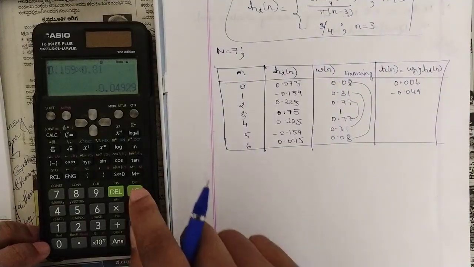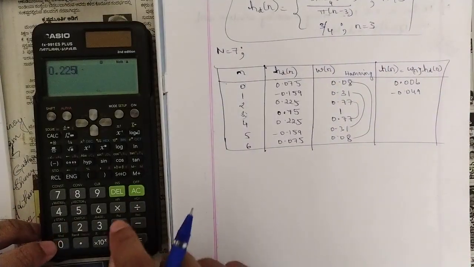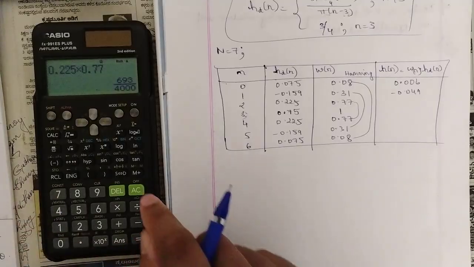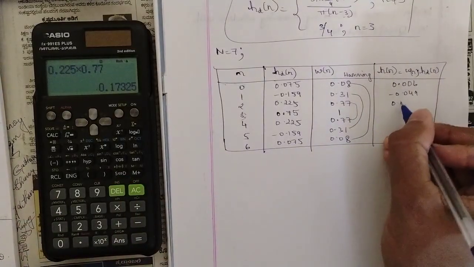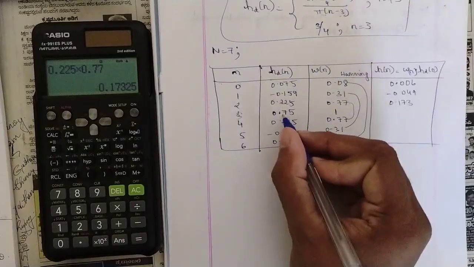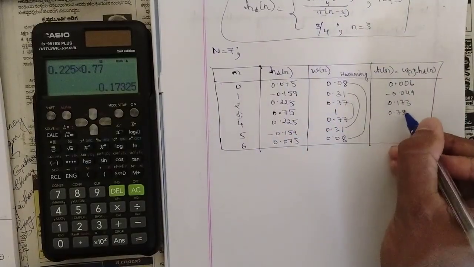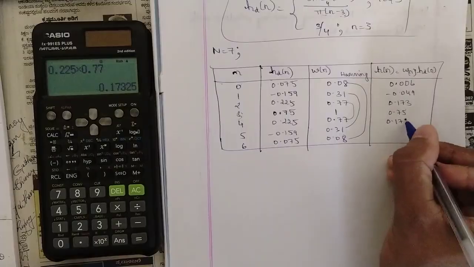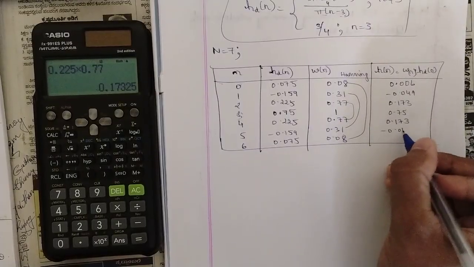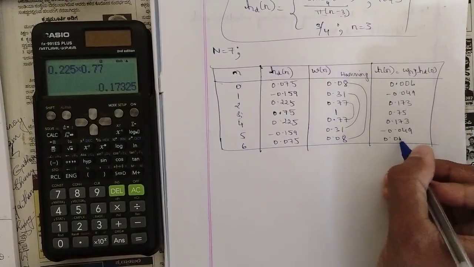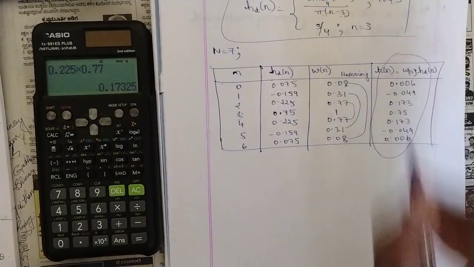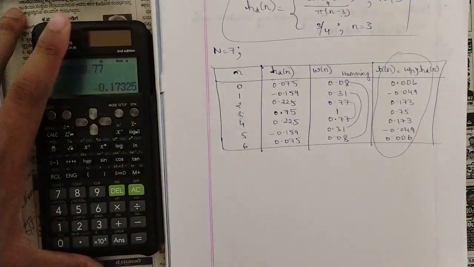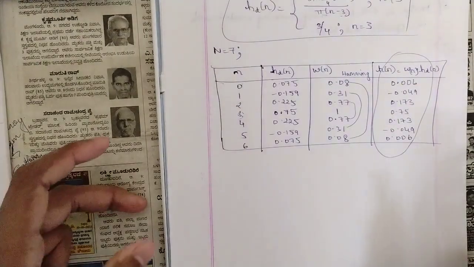Next is 0.225 into 0.77, 0.173. So next is 0.75. Again these 3 values are mirror images: 0.173, minus 0.049, 0.006. So these are the filter coefficients which you have found. They have told us to determine the filter coefficients, right? So we have found it.